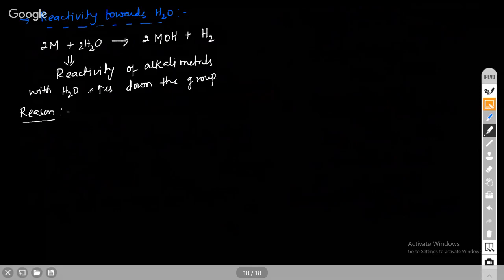When I say kinetics, it means we are talking about the rate of the reaction. Kinetics means rate. Thermodynamics means the energy involved. So this reaction and the reactivity order are explained by the kinetics of the reaction.